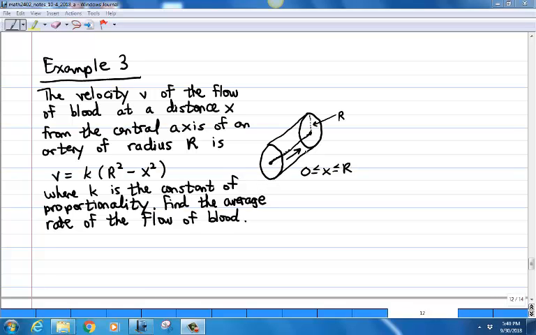So I've drawn here a really crude picture of an artery. Of course, that's going to be something like a cylinder, right? Again, here's the center, the central axis of the artery.